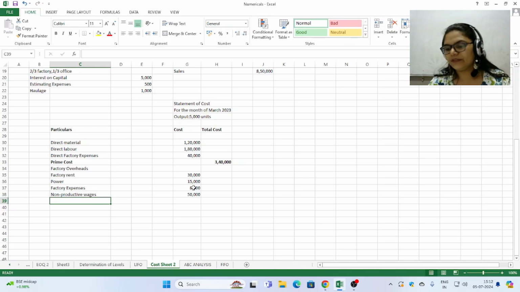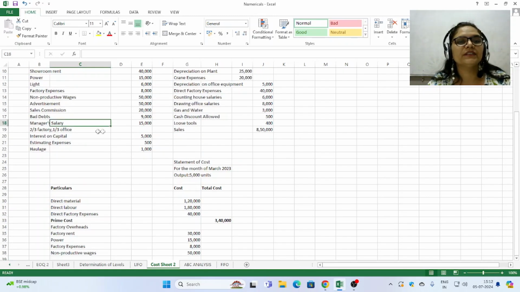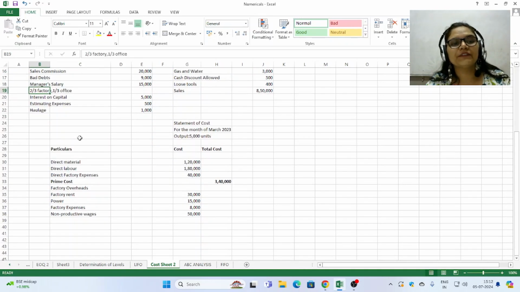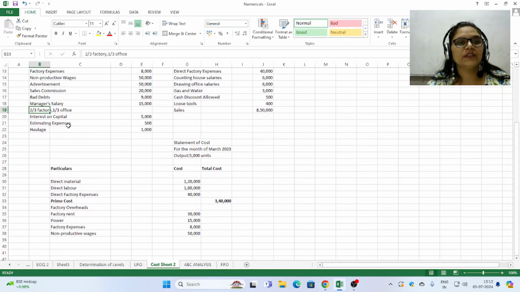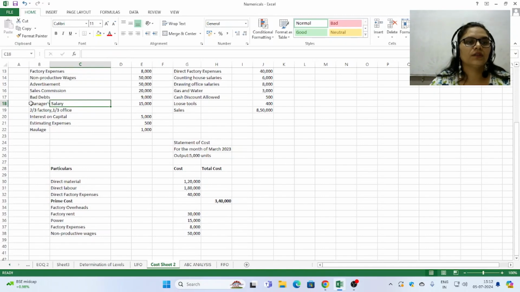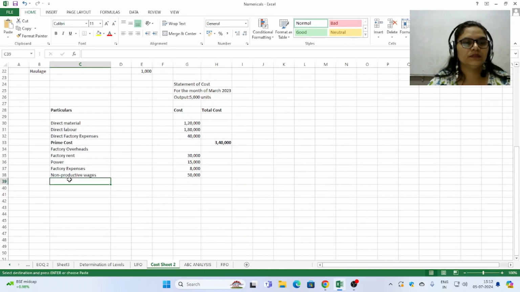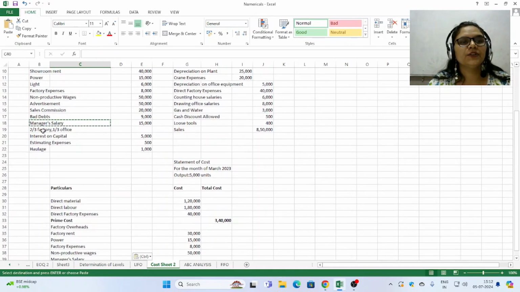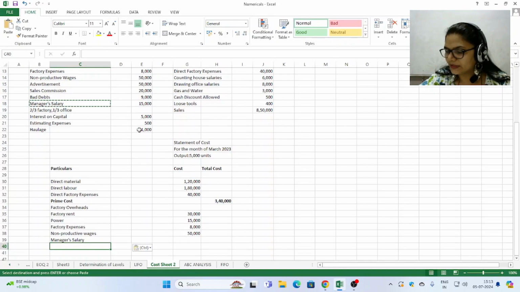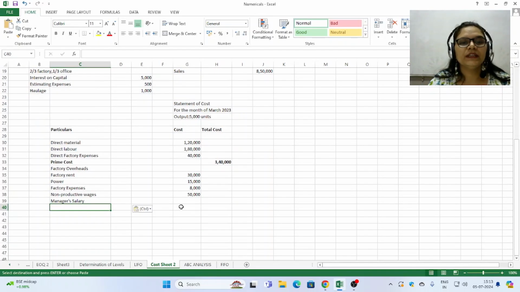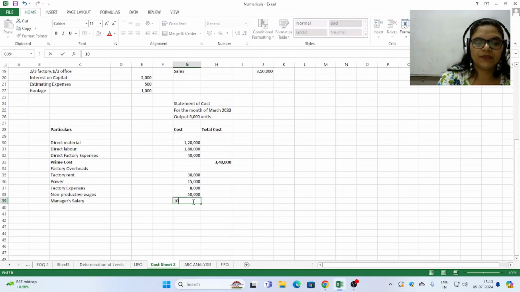After non-productive wages, it has been clearly specified in the question that the manager's salary is 15,000, out of which 2 by 3 belongs to the factory. So naturally, we will write the manager's salary and calculate 2 by 3 of 15,000, which comes out to be 10,000, and it will be recorded under factory overheads.